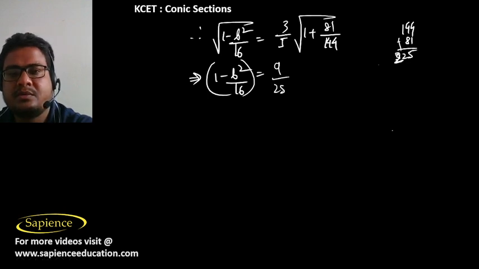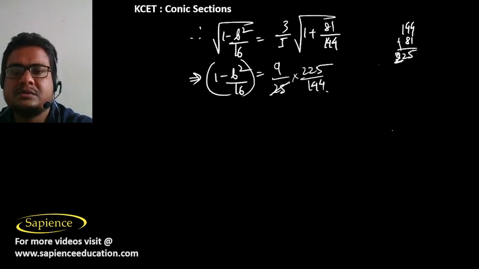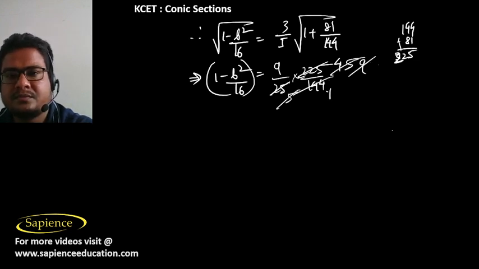So it will be 9 by 25 into 225 by 144. So 225. So 5 5s are 25, 5 4s are 20, 5 5s are 25, 5 9s are 45. Okay. Then 9 1s are 9, 6 9s are 54.